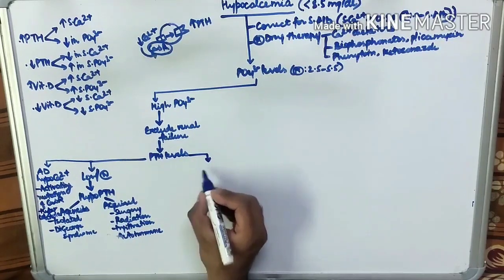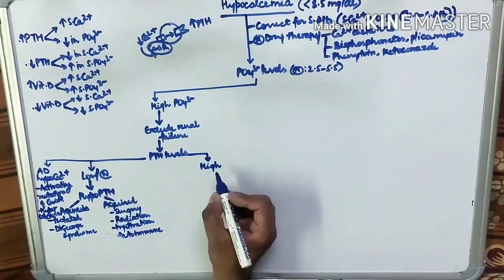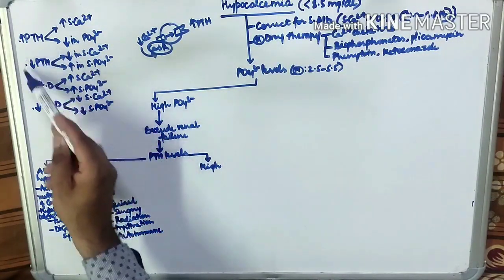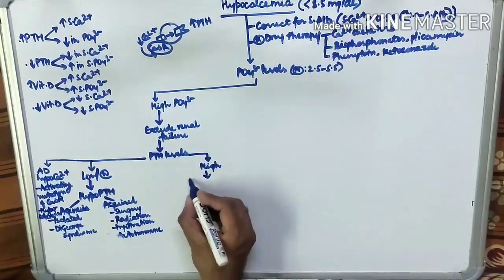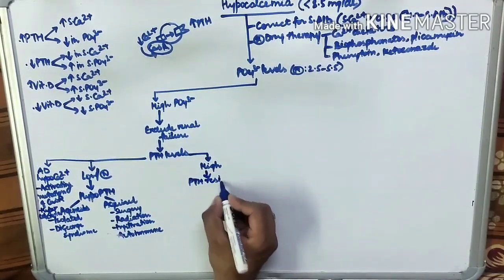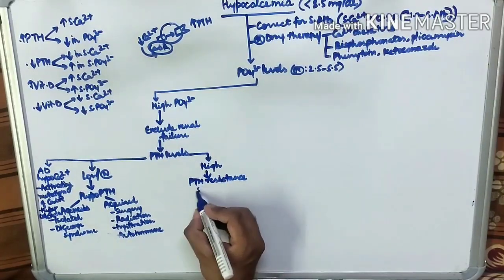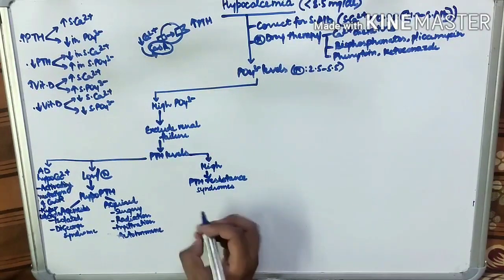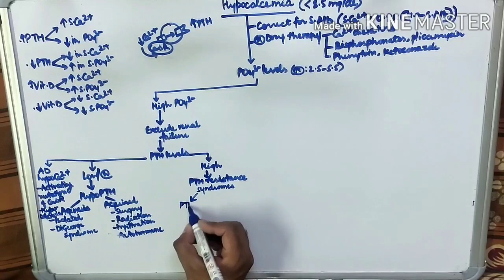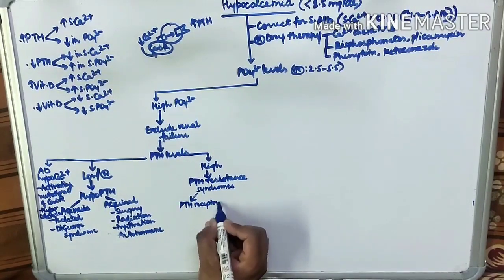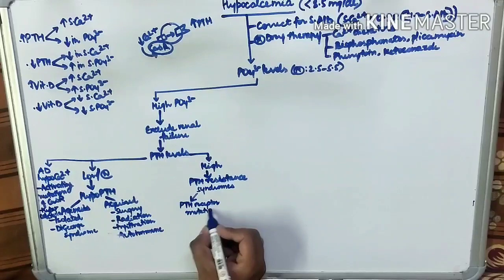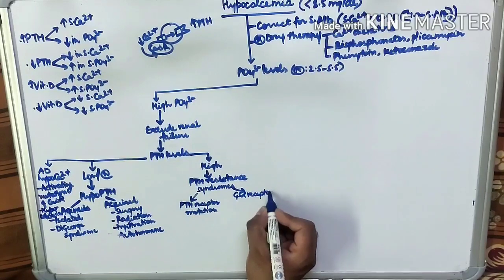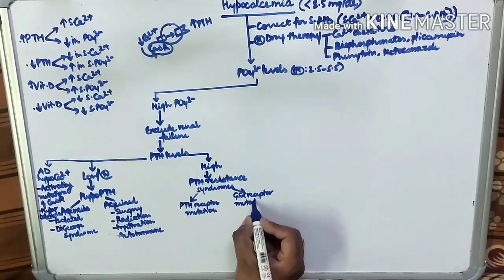Now, if PTH levels are high in the setting of low serum calcium and high phosphate level, that means there are PTH resistance syndromes. It includes PTH receptor mutation or GS alpha receptor mutation, which mediates the signaling of PTH receptor.